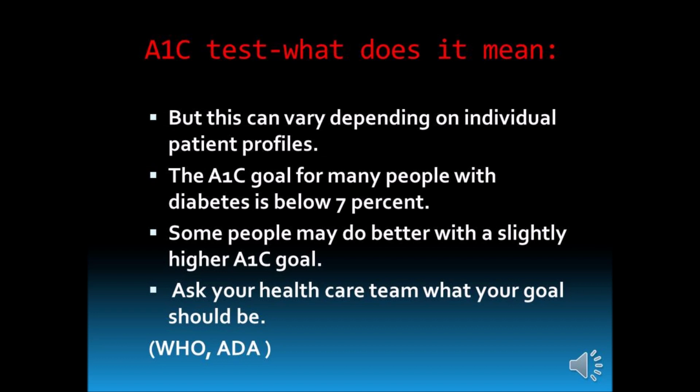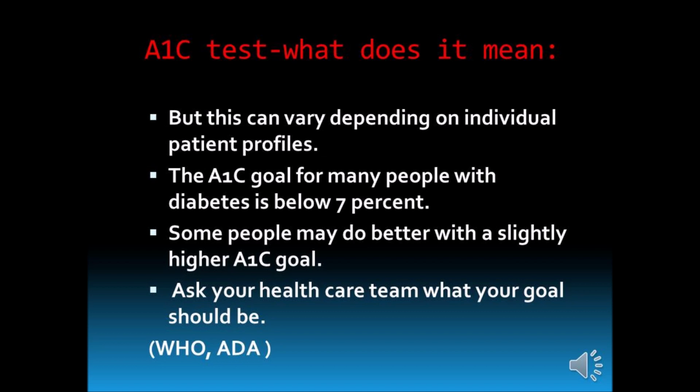What is an A1C test? What does it really mean? A1C test is a blood test conducted to understand the last 3 months average blood sugar in a patient. But this can vary depending on individual patient profiles. The A1C goal for many people with diabetes is below 7%.